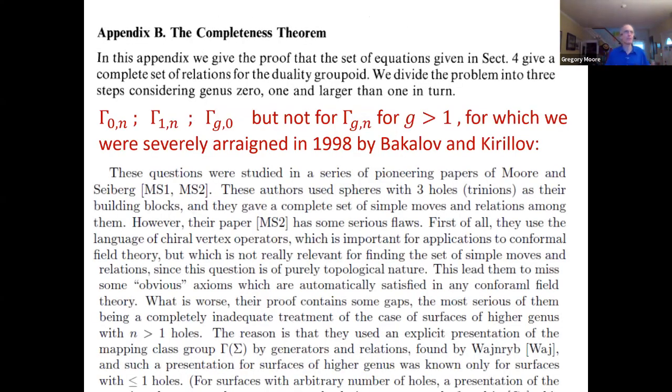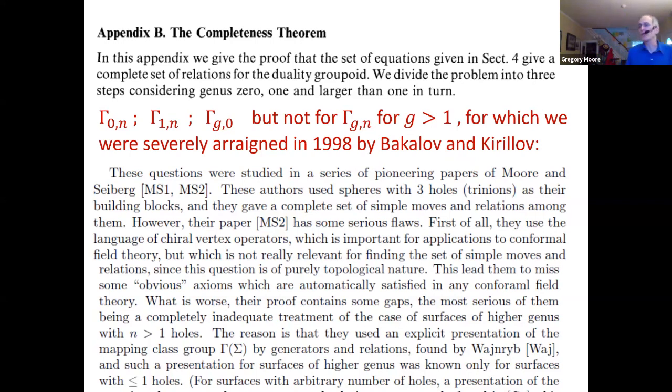We also gave a detailed proof of what we called the completeness theorem, or if you like, the projective representations of the modular groups. And we covered the cases of genus 0 with all punctures, genus 1 with all punctures, and genus G bigger than 1, with 0 punctures.